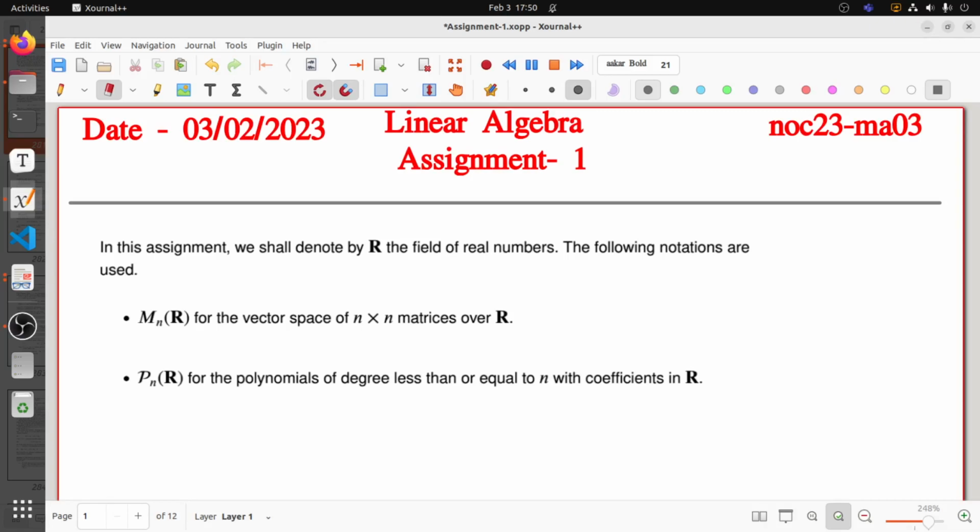Now you have to check, is it closed under scalar multiplication or not? So for that we have to check whether the determinant of CP1 is 0 or not. What will be the determinant of CP1? It will be C times A naught, right? Just multiply by A naught. But as P1 is in W, which implies A naught is 0.